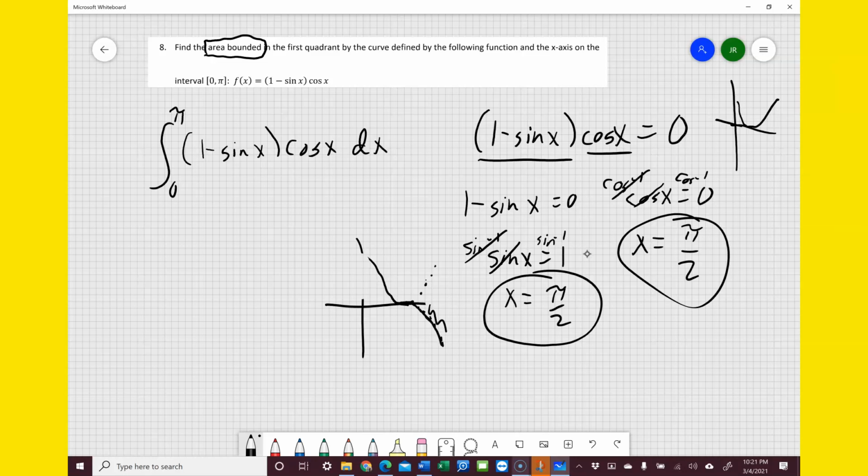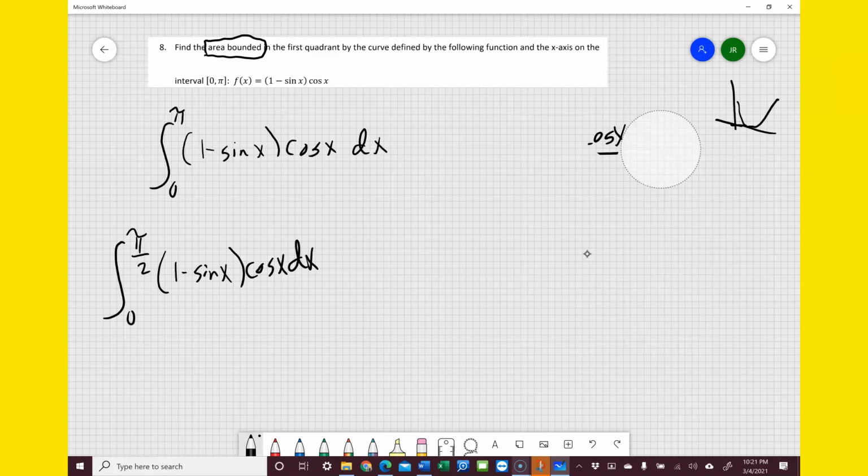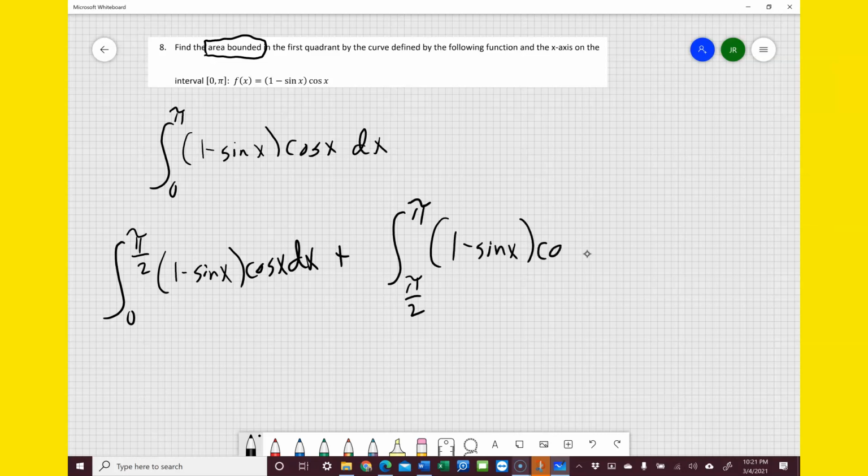So we just figured out where that happens, so that we can do the integral from 0 to pi over 2 of (1 minus sine x) cosine x, and add that with the integral from pi over 2 to pi of (1 minus sine x) cosine x.